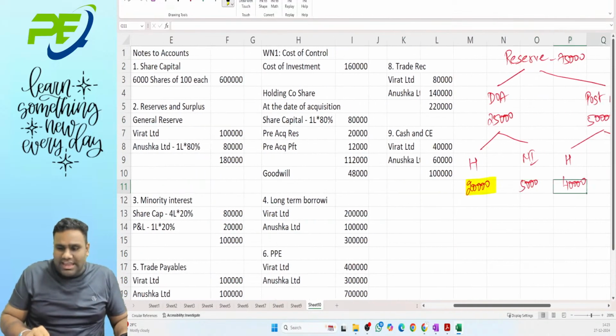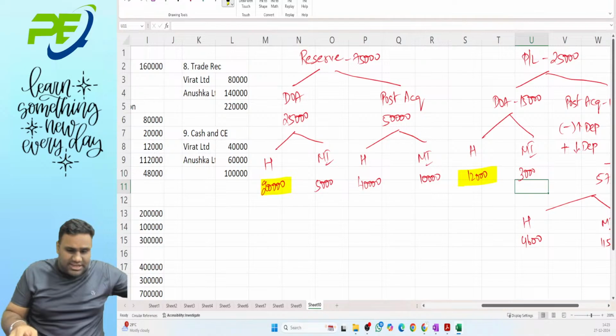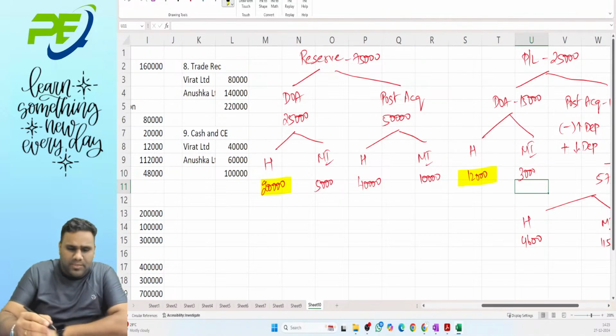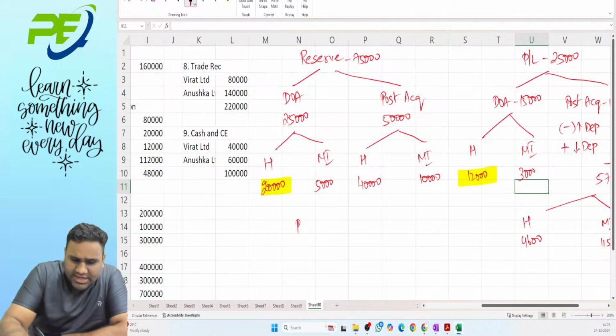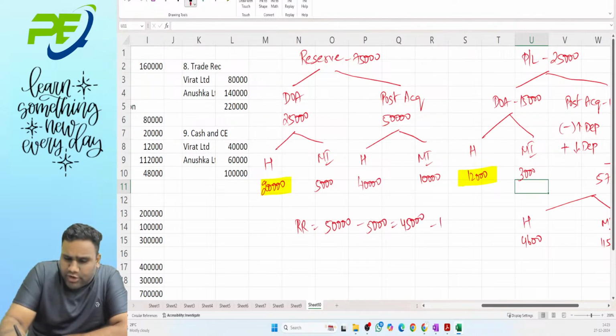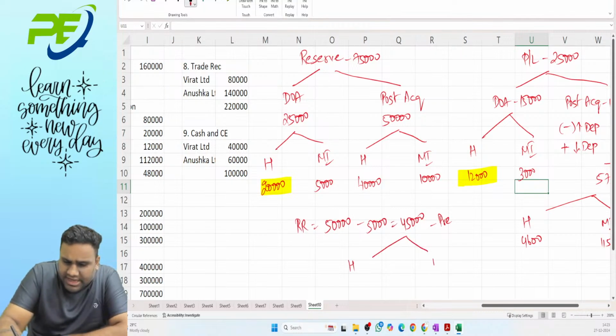So now, revaluation reserve. It is completely pre-acquisition. Machinery, upward revaluation 50,000, and furniture 5,000 downward, so this is 45,000. And this is fully pre-acquisition.